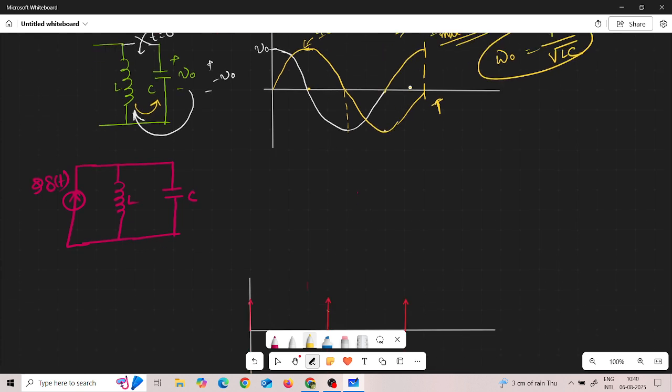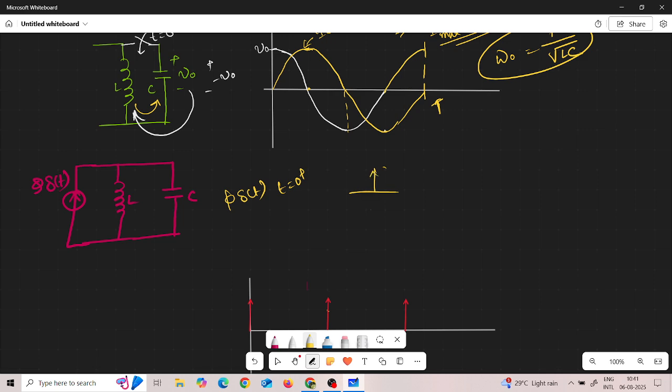Now in this problem, the inductor and capacitor do not have any initially stored charge, like the initial voltage of the capacitor is 0 volt and the initial current of the inductor is 0 ampere, but we have applied a unit impulse current, sorry, an impulse of current, delta t.